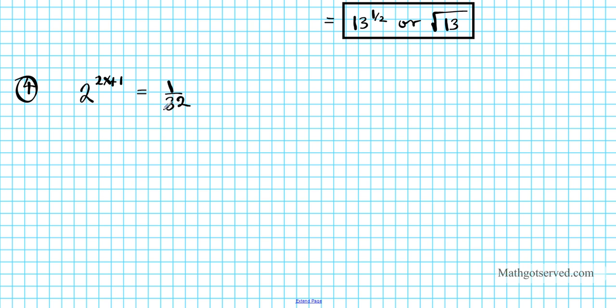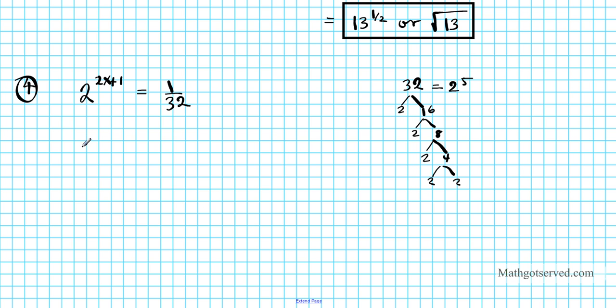All right, so can I express 1/32 as a power of 2? Well, let's break down 32 like we did before in question number 2. 2 goes into 32 16 times, 2 goes into 16 8 times, 2 goes into 8 4 times, 2 goes into 4 2 times. So 32 is basically 2 to the 5th power.